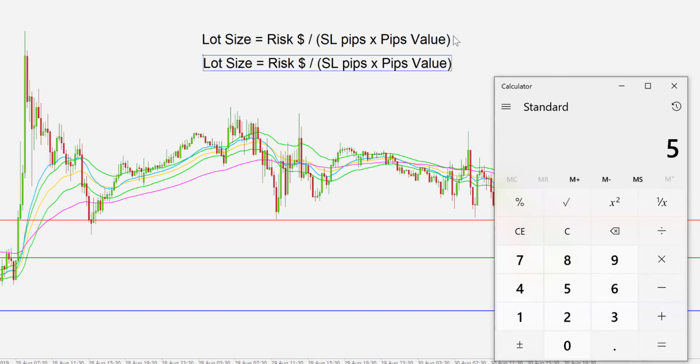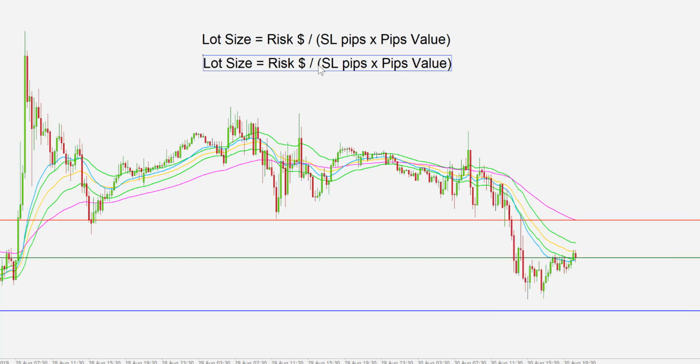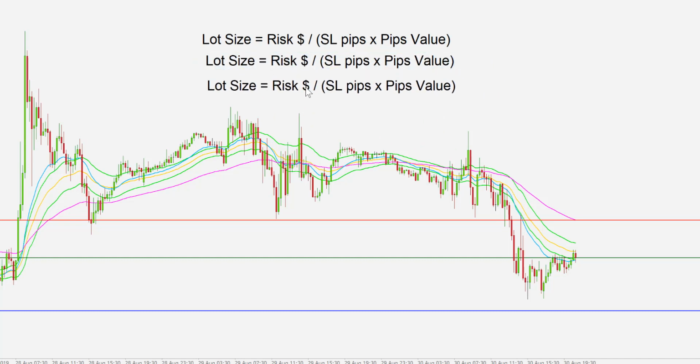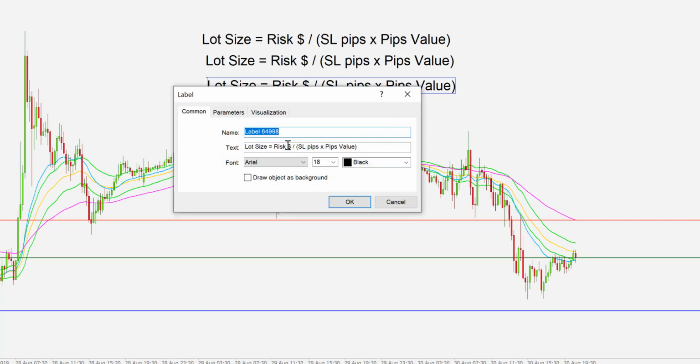So that means my risk is $5, right? So we can replace this now to $5.